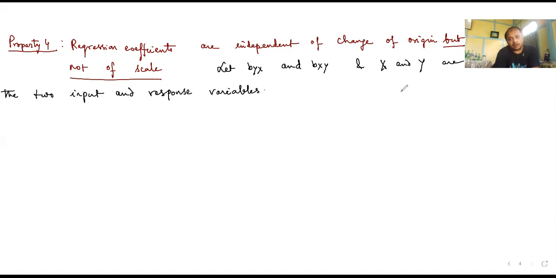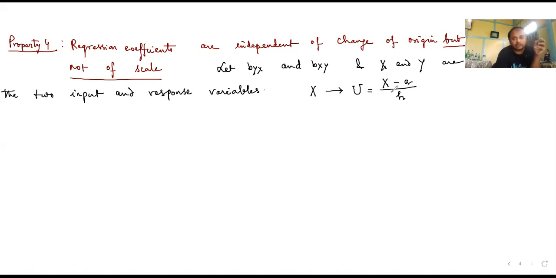Now in this particular case, I'm going to change my x to a new variable u. You already know that the formula for u is x minus a by h. When I subtract the quantity a from x, it is called the change of origin.